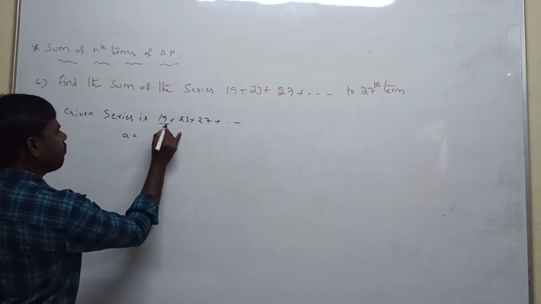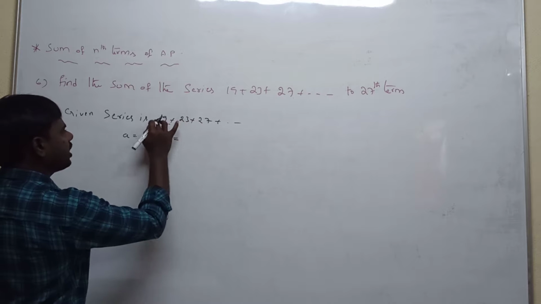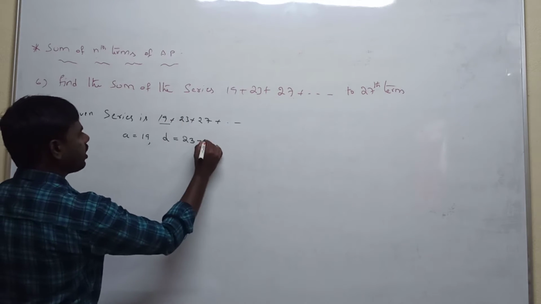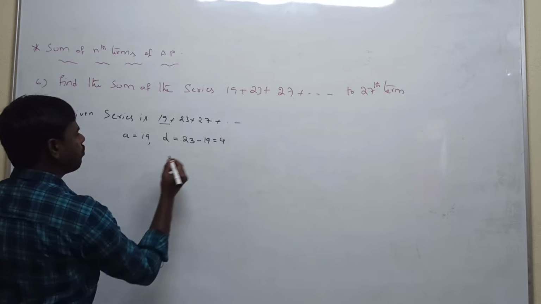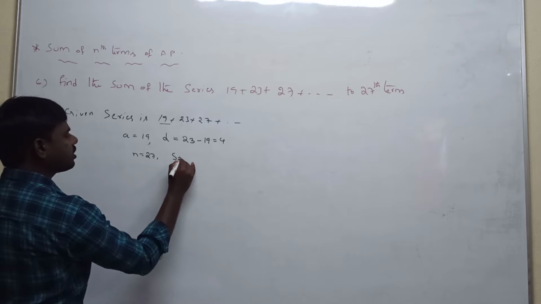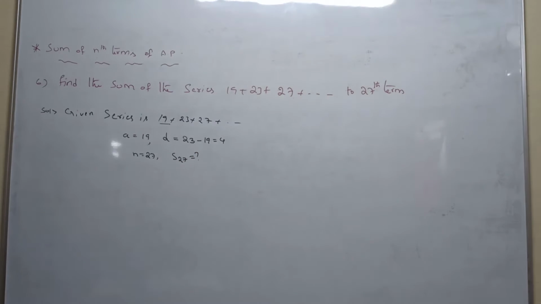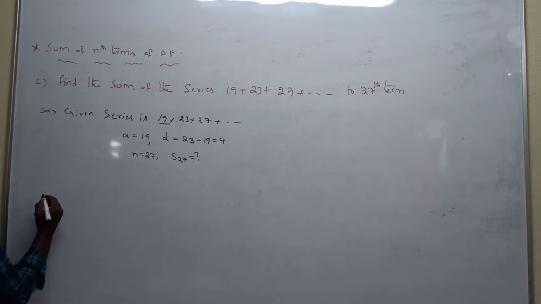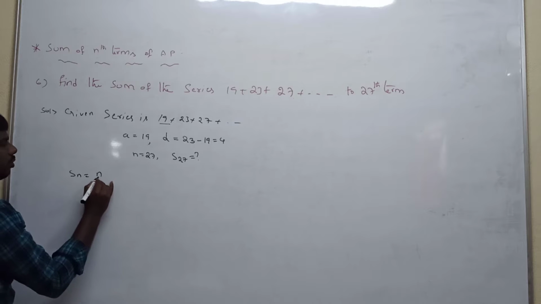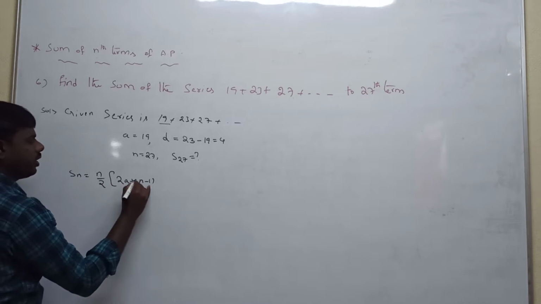The given series is 19 plus 23 plus 27 plus so on. A is the first term, which is 19. D is the common difference, any term minus the term before it. Taking 23 minus 19, the value is 4. To calculate the sum of the terms we apply the formula Sn is equal to n by 2 into 2a plus n minus 1 into d.